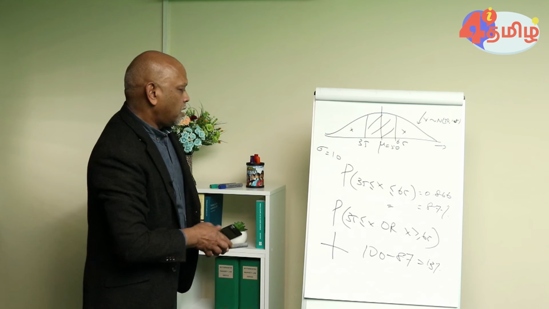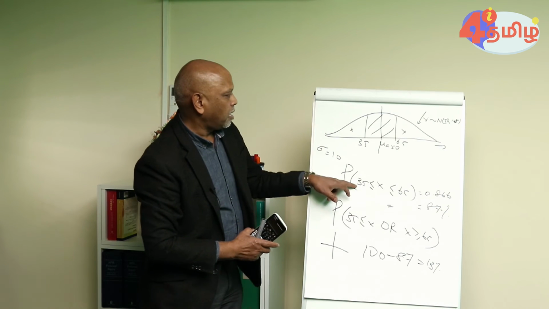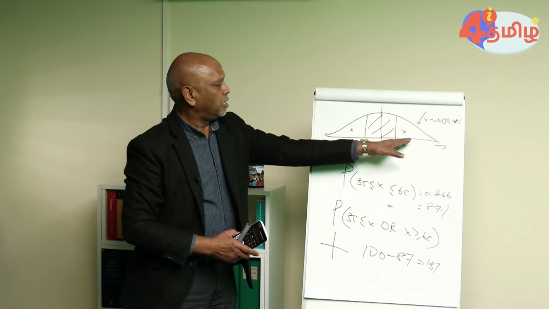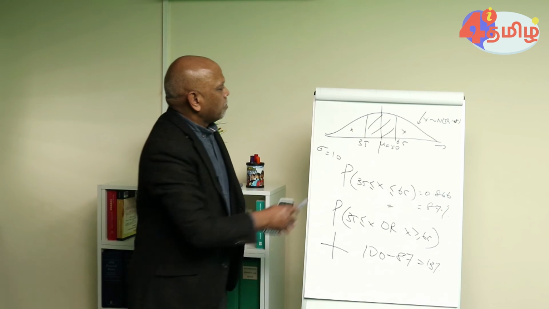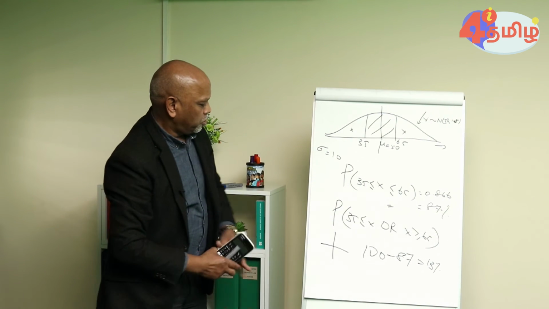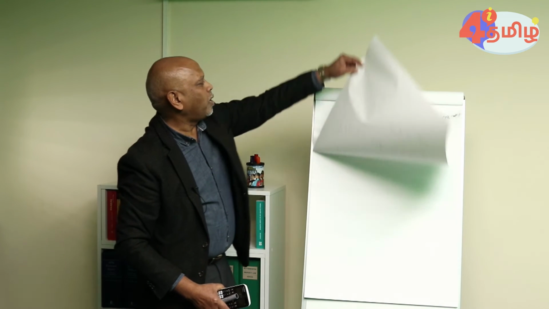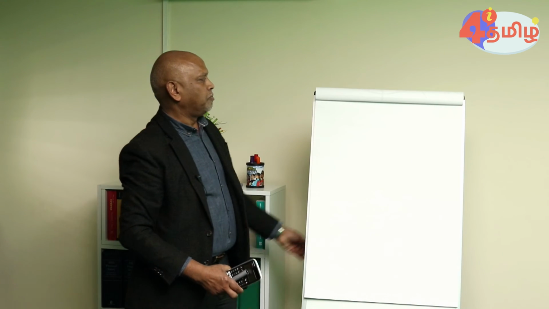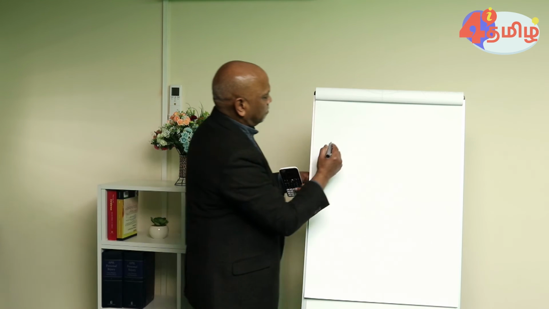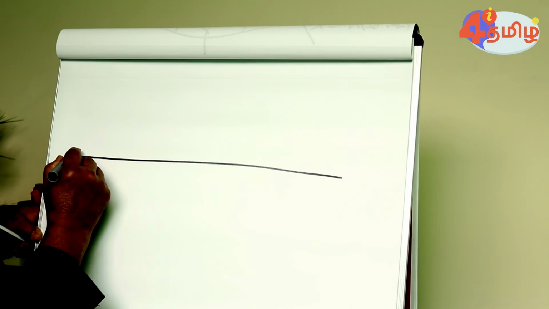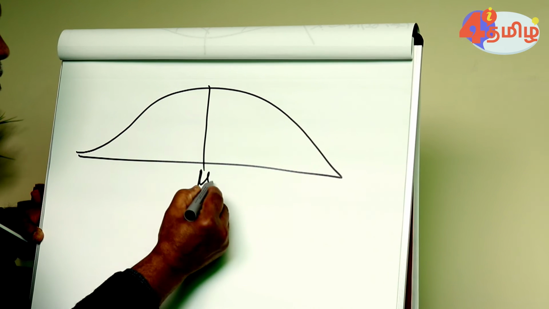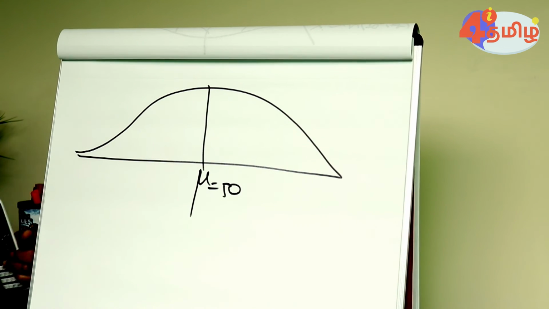Then next one. We actually have the outside, and in between, the middle portion. Let's look at what standard deviation is. I'm not going to go through all of standard deviation, but in the graph, I can mark 50.